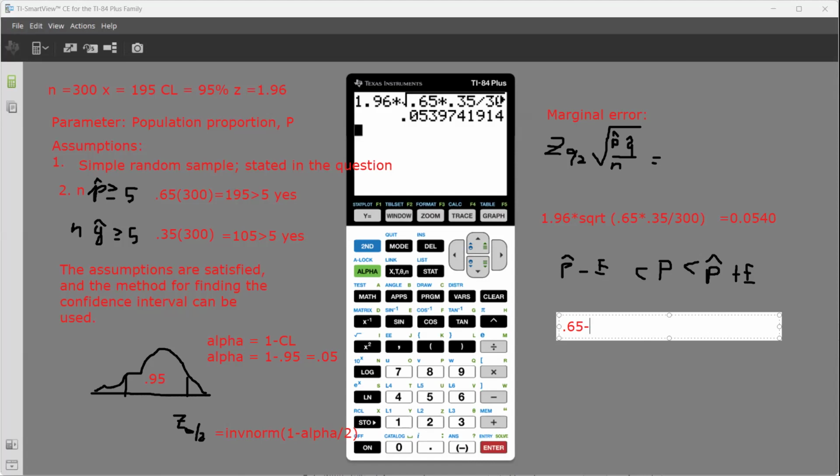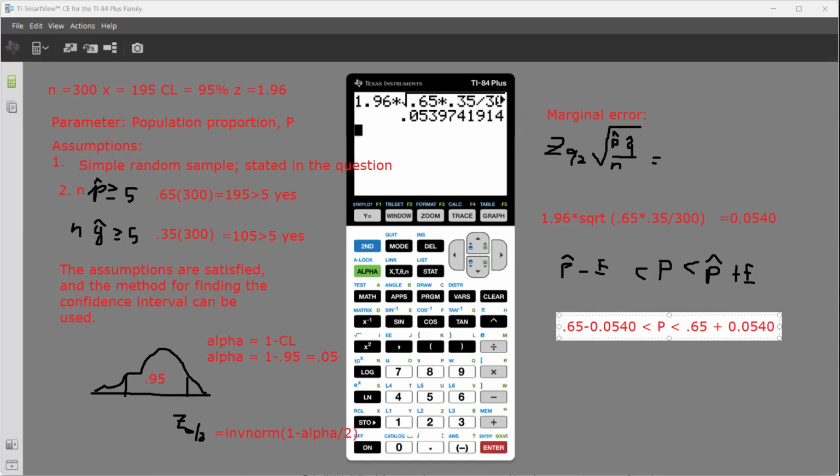This is 0.0540 is less than P, which is less than 0.65 plus 0.0540.